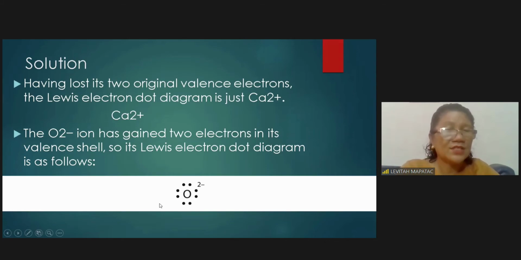How about oxygen? Your oxygen belongs to group 6, meaning how many electrons in the Lewis dot? There will be 6. And it needs 2 electrons to complete it. Okay? So that is it.